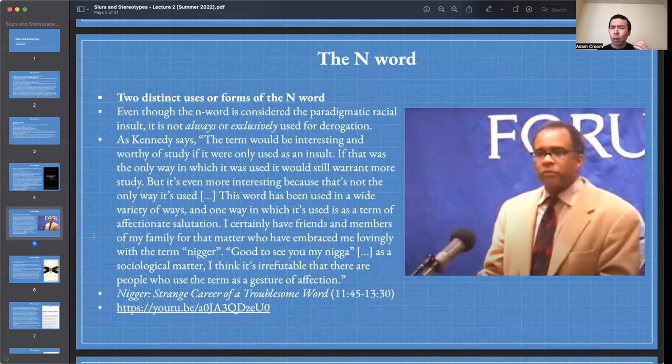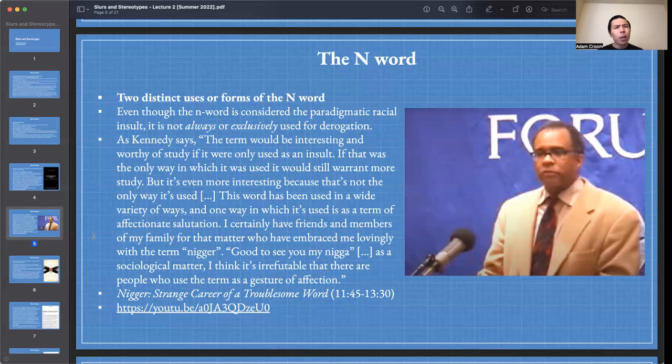Okay, so we want to be able to explain why slurs are derogatory. However, our analysis of slurs would be limited and incomplete if we only focused on the derogatory usage. In other words, even though the N-word is considered the paradigm racial insult, it is not always or exclusively used for insults or for derogation.